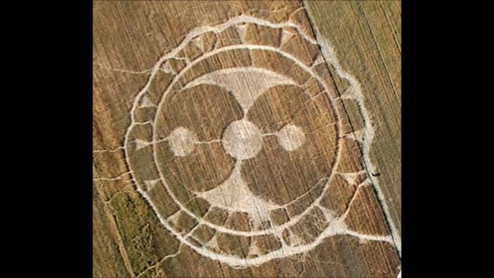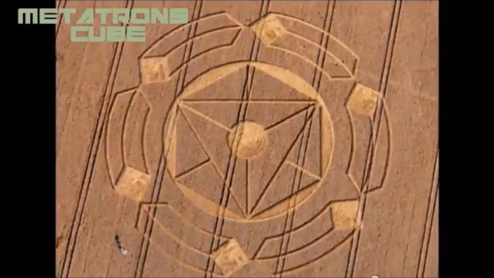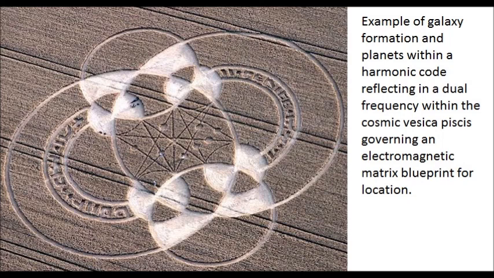And this is a crop circle that is similar to the concept, as you could see, you have to have resonant, mutually reinforcing waves, and it reminded me of this crop circle.